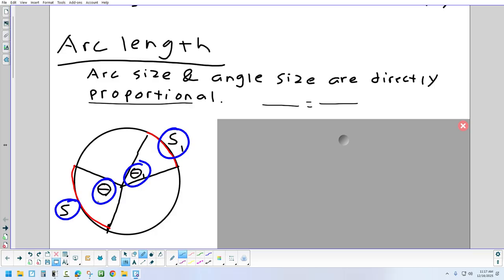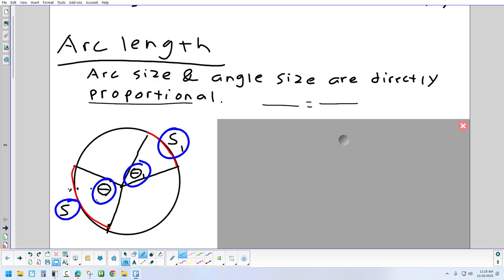If this angle was 100 degrees, let's say that this arc was 2 centimeters. If you double this angle and make it 200 degrees, then the arc would be how much? Yep. It would be 4 centimeters. It would double. So as long as you know the size of one angle and the size of the arc connected to it, you can figure out any other arcs and angles in the circle. You just have to know one pair, right?